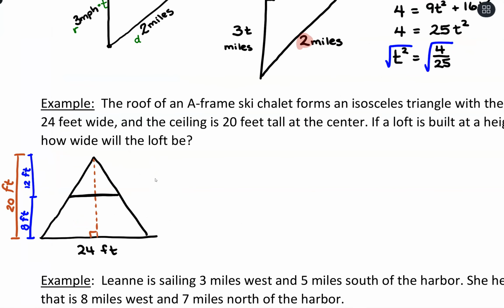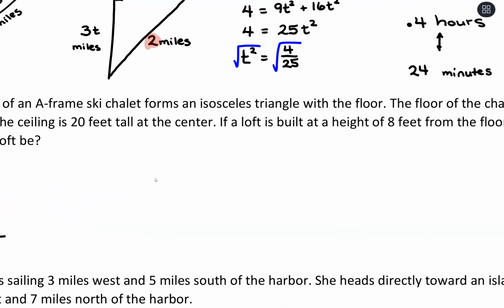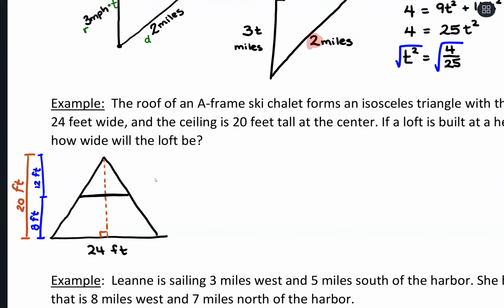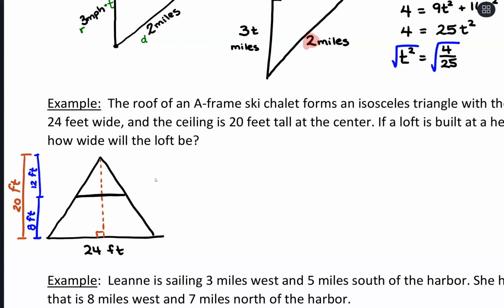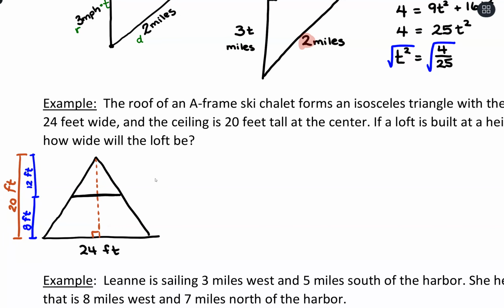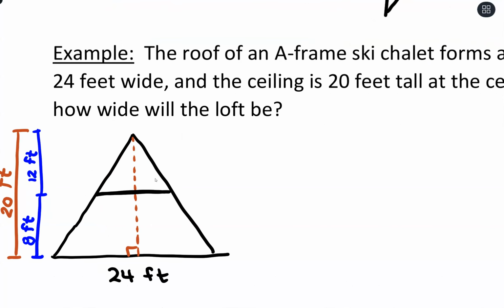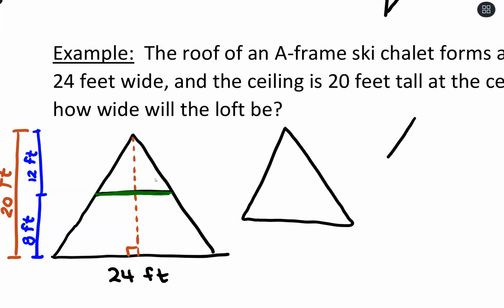Okay, and did I miss any other information? How wide will the loft be? So what we want to know is, what is this distance here across the floor of the loft? Okay, so our two triangles. We have our big triangle and we have our smaller triangle.